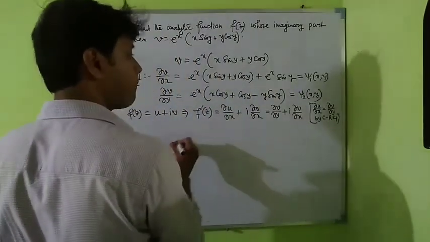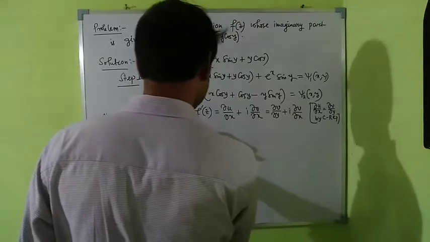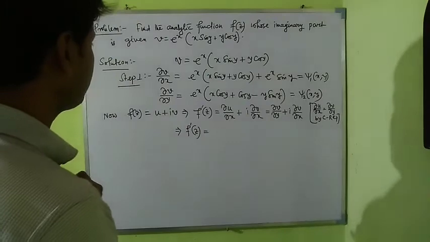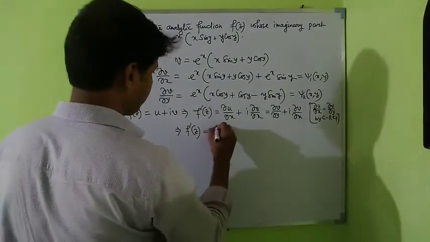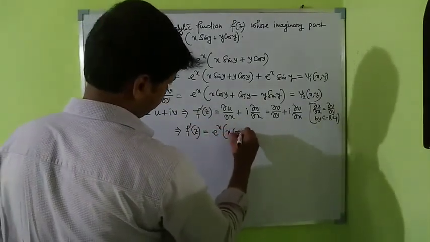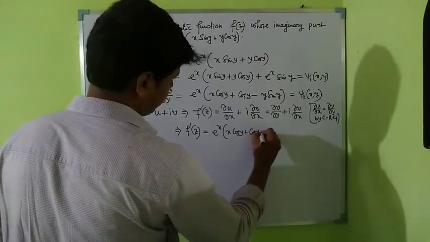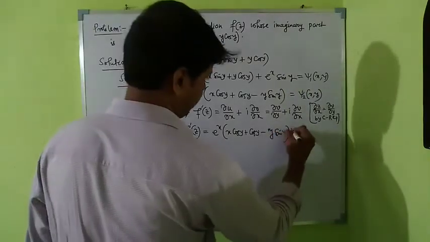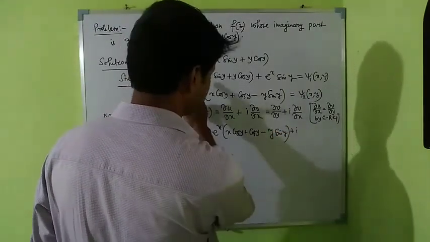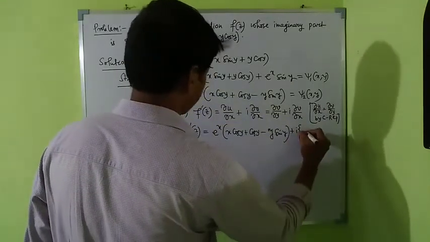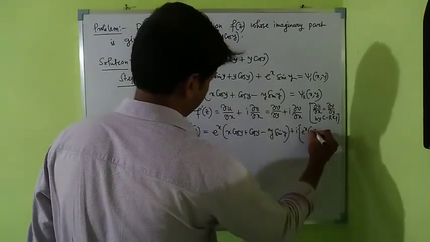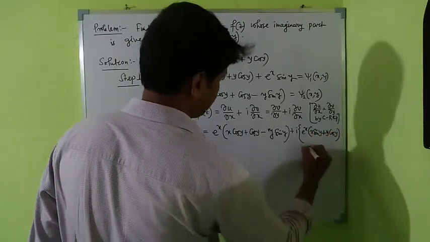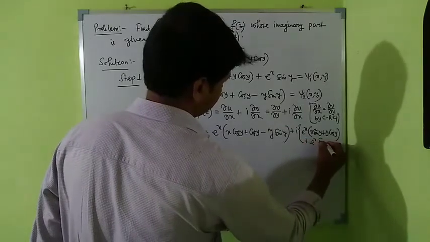That means f'(z) is equal to e to the power x cos y plus cos y minus y sin y, plus i into del v/del x, which is e to the power x sin y plus y cos y plus e to the power x sin y.